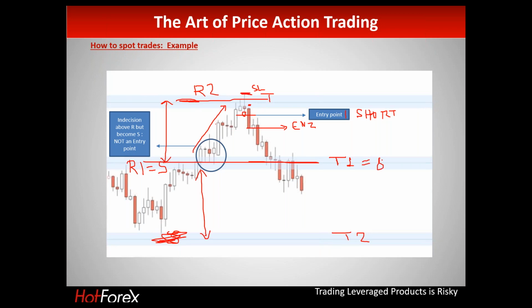So you should risk 70 to 80% of your trade here and the remaining 20 or 30% on the second target, because the likelihood of reaching target 2 is less than target 1. So if you want to take multiple targets, the majority of your position should be on the first target than on the second target.